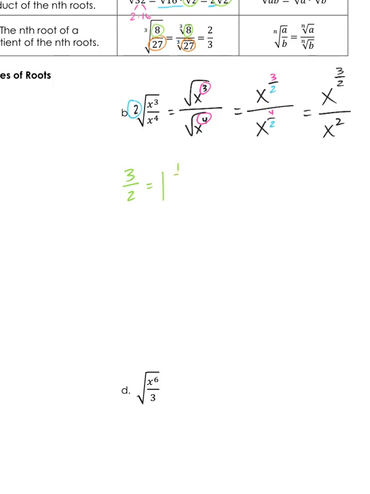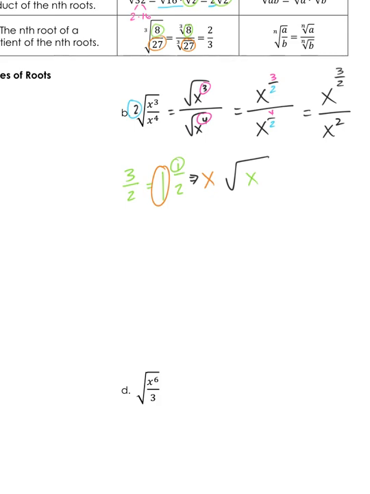So that has 1 and 1/2. So this 1 out front is going to come to the outside of the radical, so I'm going to have x on the outside. And then the 1 that was my numerator is going to be my inside. So this becomes x square root of x.